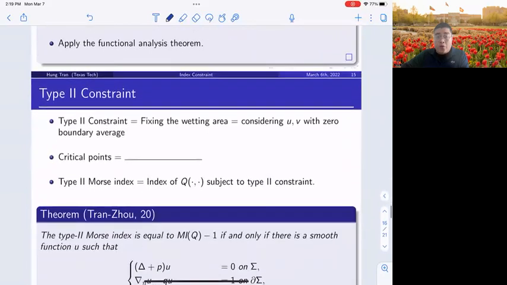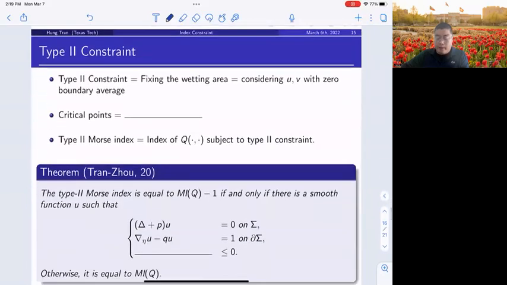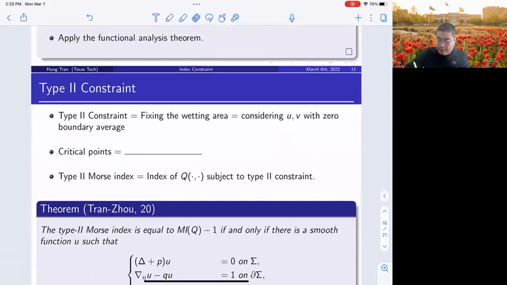For the type 2 constraint, we have a very similar statement. So the type 2 constraint corresponds to fixing the wetting area. So that is to consider u, v with zero boundary average. So the critical points in this case are given by the following condition.